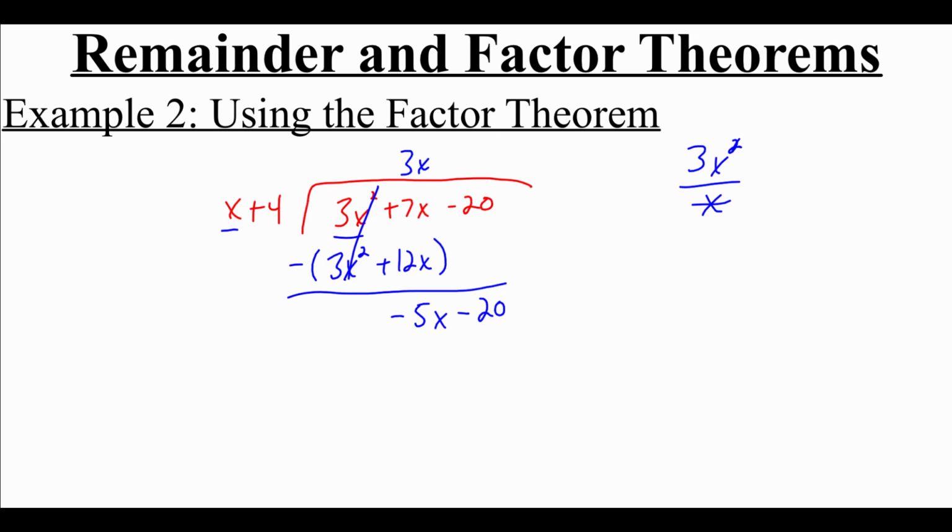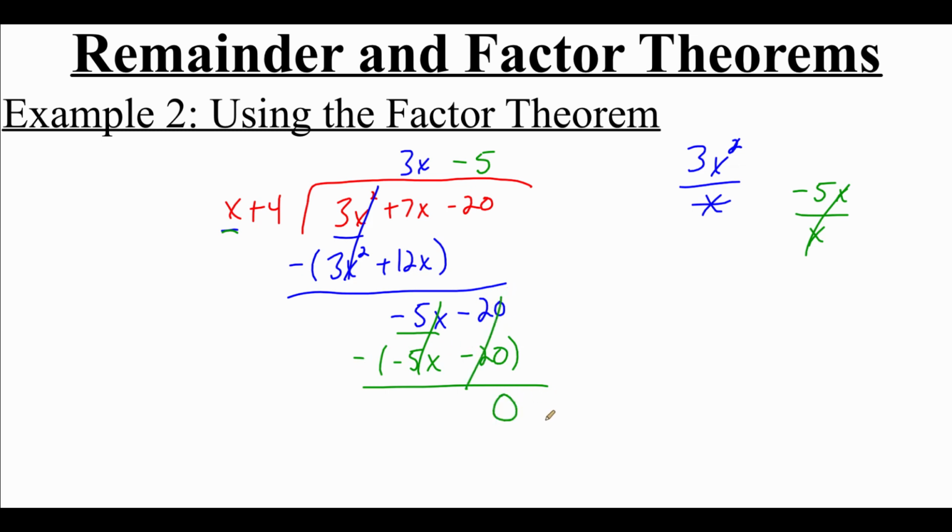Now if I look at my first terms again, I've got the negative 5x and the x. So if I take negative 5x divided by x, then those x's are going to cancel out, and I'm just going to get minus 5. Distributing the negative 5 times x is negative 5x, and negative 5 times 4 is negative 20. Now when we subtract this stuff, we should notice that everything is going to cancel out. Negative 5x minus negative 5x cancels, and negative 20 minus negative 20 cancels.